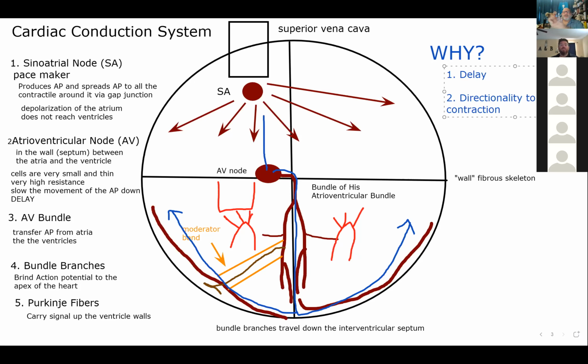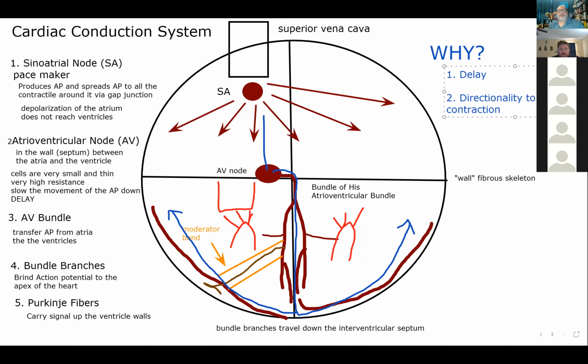I've got a very simple schematic of my heart here, but remember, the great arteries are located at the top of the heart. So by bringing the electrical signal all the way down to the bottom and then having it travel up the walls of the ventricles gives us a nice directional contraction that gives us an incredibly efficient pumping action.